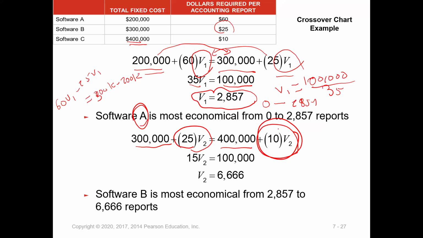Same thing, I take the 300 to the other side and I bring the 10 V2 to here. So I will end up with 15 V2 is equal to 100,000. 100,000 divided by 15 should be equal to 6,666.